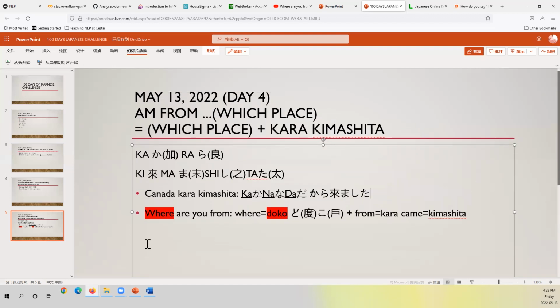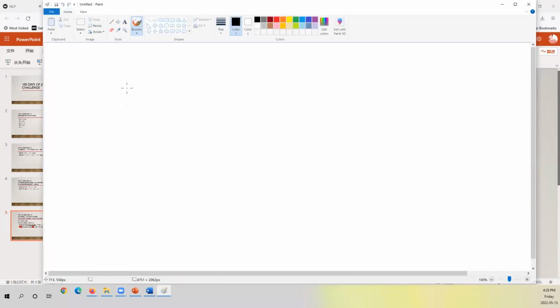So let's try to hide this and do it ourselves one more time. We will start Paint board, and then we will try the written form. So firstly, we say kara kimashita. Kara is from.